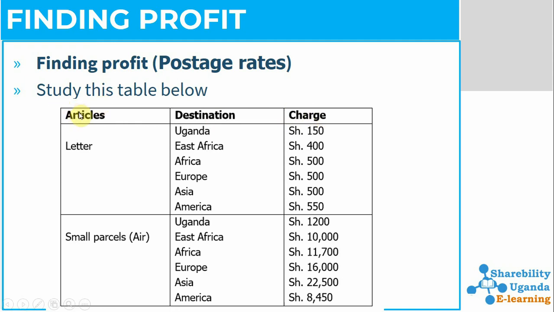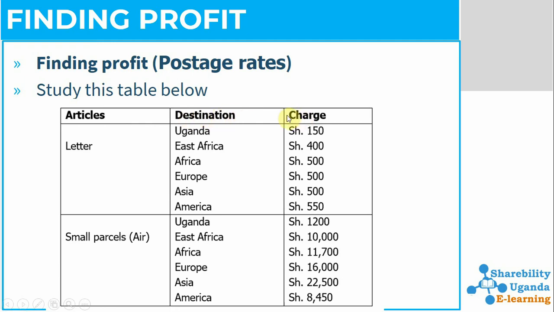For more understanding about articles, when someone writes a message within the news, or writes a story within the news, we roughly call that an article. And destination means where that article is being sent. Is it in Uganda? Is it in Kenya? Is it in East Africa? Is it in Tanzania, Congo?